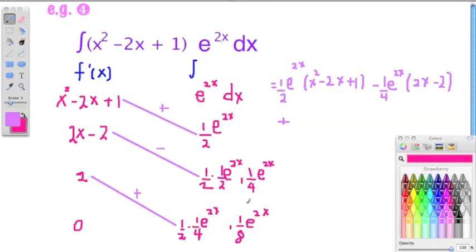Then plus 2 times 1 over 8 e to the power of 2x.